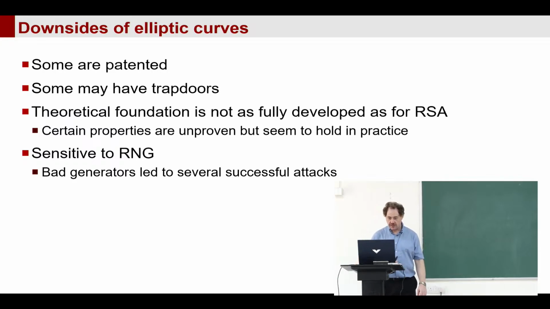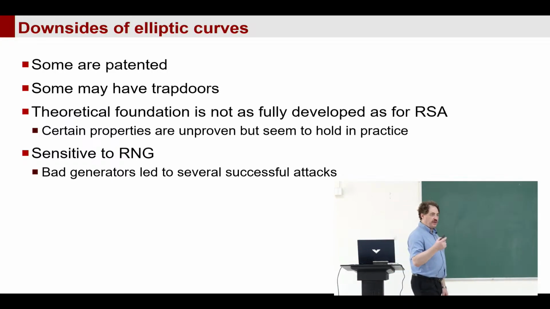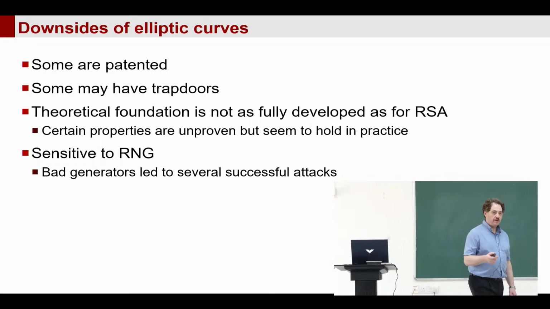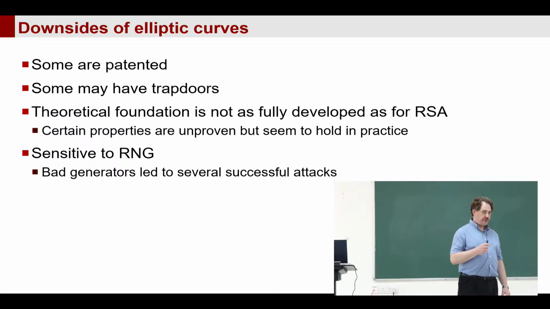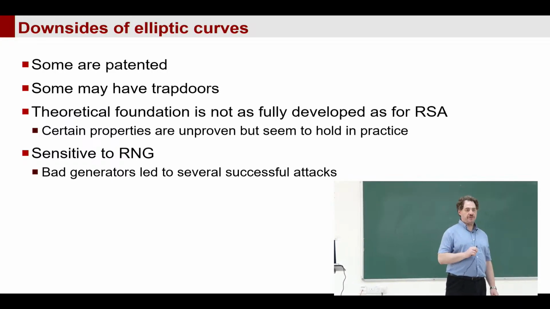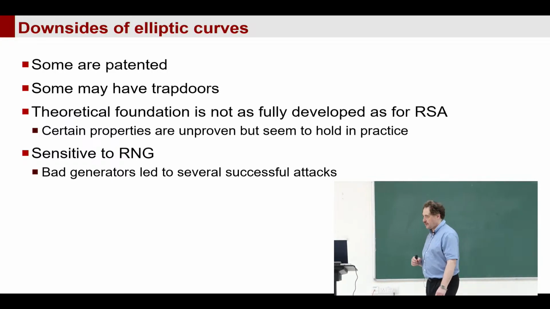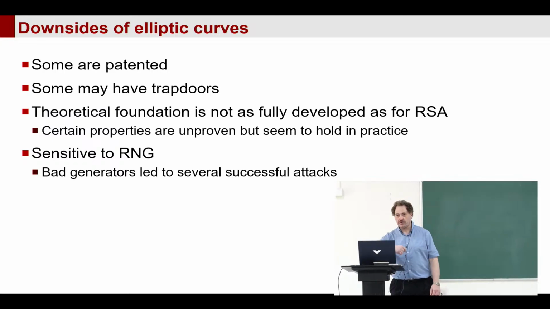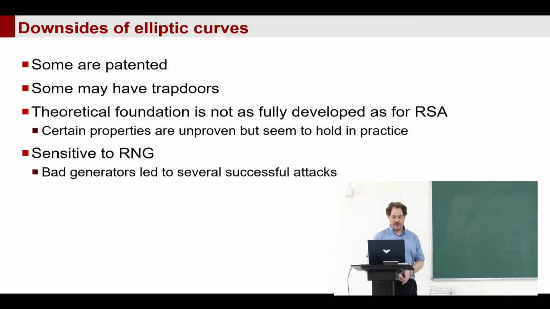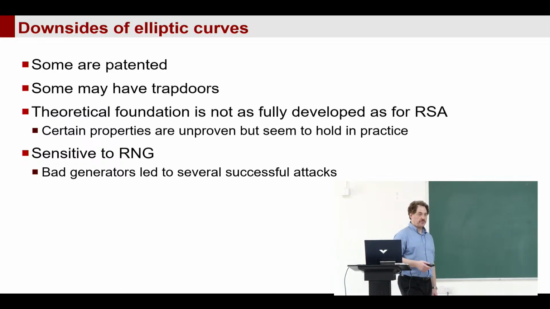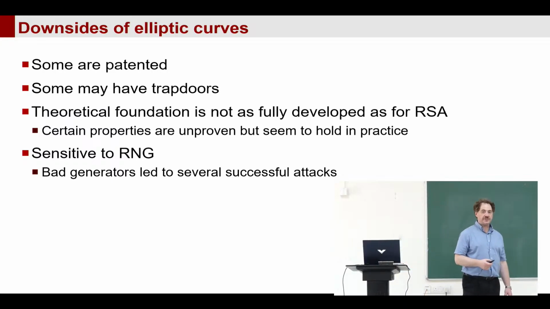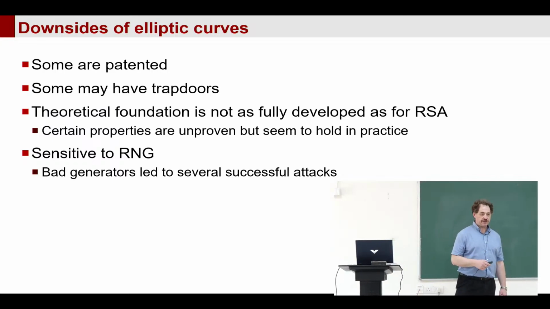So certain properties are unproven, but they seem to hold in practice. People believe them to be true, but people are not 100% certain. Still, the certainty is enough that the system is used in practice, and especially used by resource-constrained devices, such as IoT devices and cell phones.